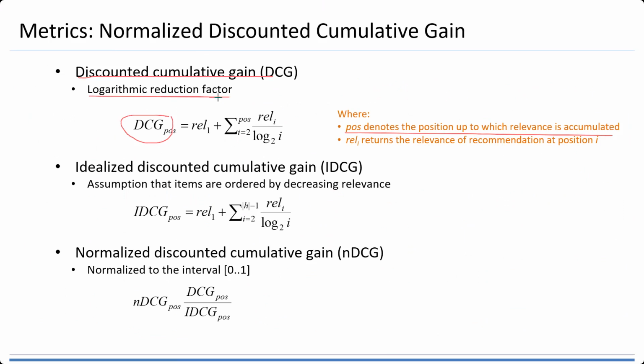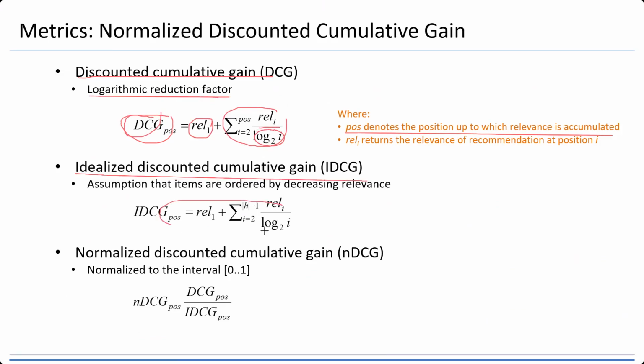So this uses the logarithmic reduction factor by looking at the relevance plus the sigma of relevance divided by the log base 2. And we can use this NDCG with IDCG, idealized discounted cumulative gain.